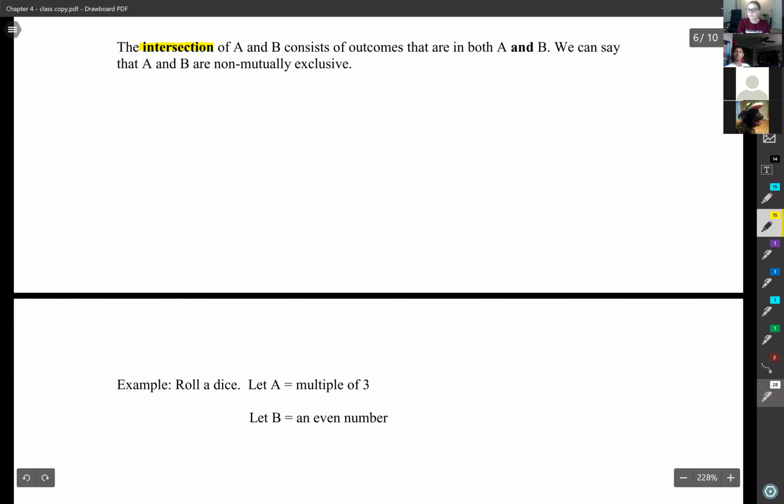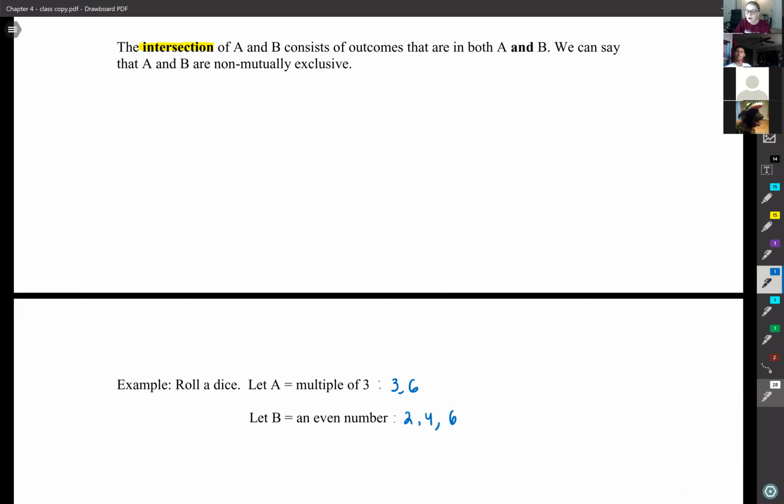So example is rolling a die and you let A be a multiple of 3 and let B be an even number. Okay, well, let's write down what that means in terms of the options. So if A is rolling a multiple of 3, that's really rolling either a 3 or a 6. And if B is an even number, that's really rolling a 2, 4, or 6.